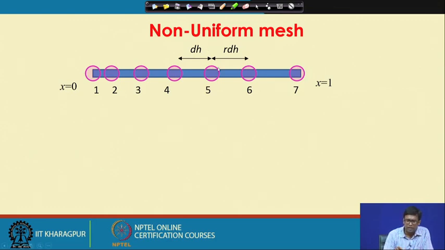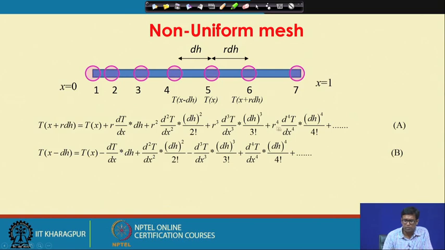If we have a non-uniform mesh, we can still write Taylor series expansions for different points. Point 5 is T(x), point 6 temperature will be T(x plus r dh), and point 4's temperature will be T(x minus dh).